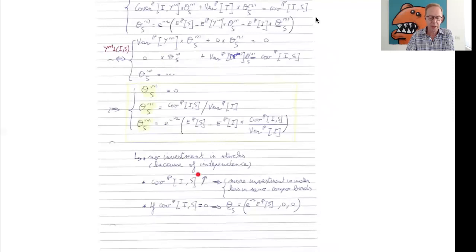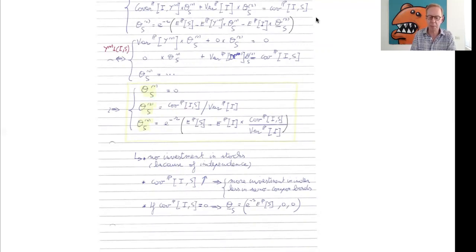Let us now look at this term that arises here and that arises here. The covariance between I and S. The covariance between the national survival index and the insurance number of survivors. If this covariance increases, so if there is more correlation between the survival in the insurance portfolio and in the national population, then theta 2 of S will increase.